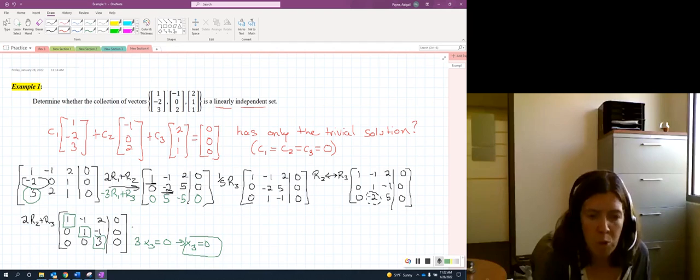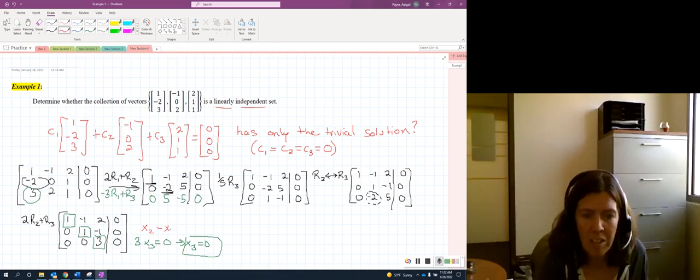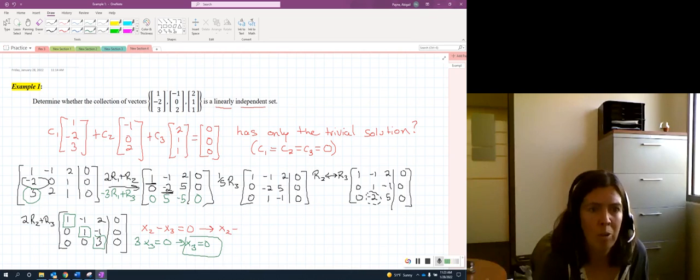Moving up to row 2, this says 0x1 plus x2 minus x3 equals 0, but we just said that x3 is 0. So this is actually x2 minus 0 equals 0. Well, then x2 has to equal 0.